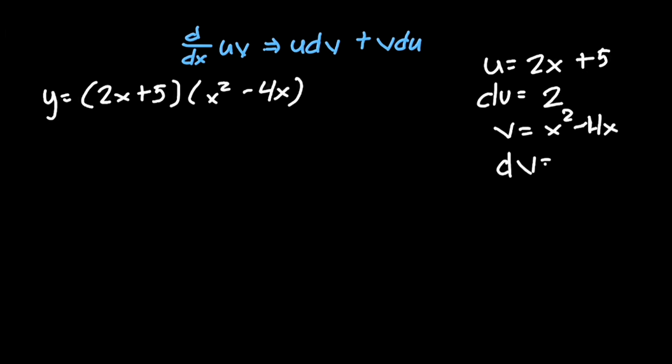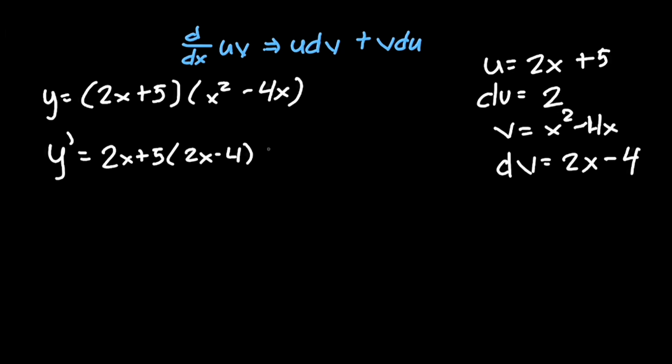The derivative of this would be 2x minus 4. Y prime now here would be 2x plus 5 multiplied by 2x minus 4, plus x squared minus 4x multiplied by 2.